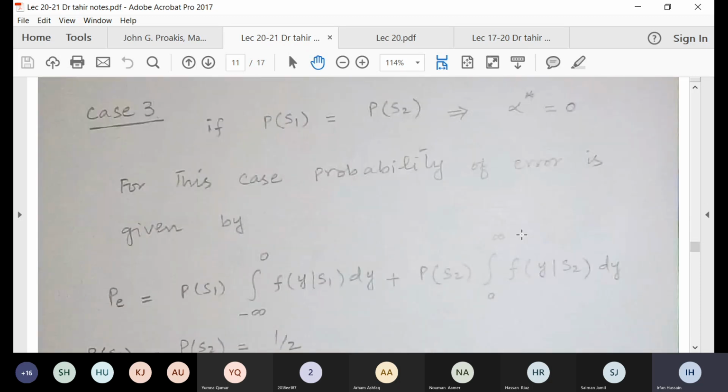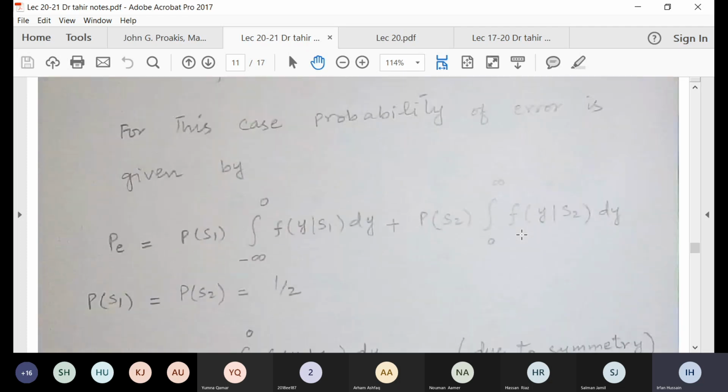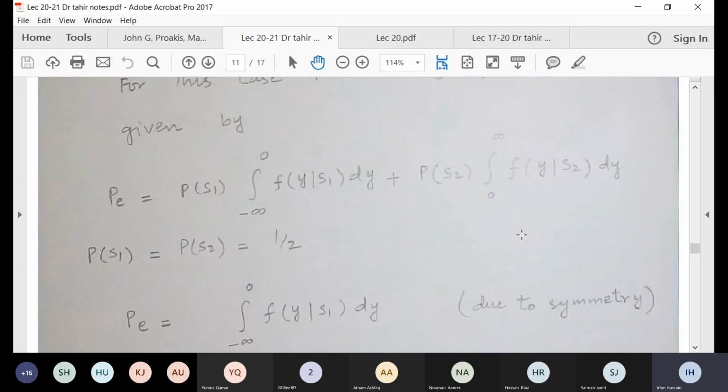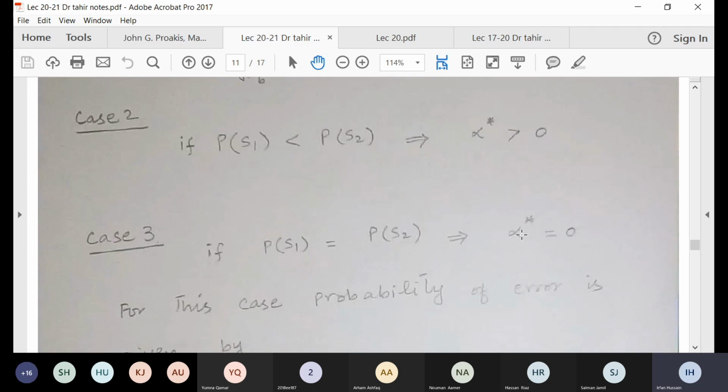This we have done. So we have found these optimum values of alpha.